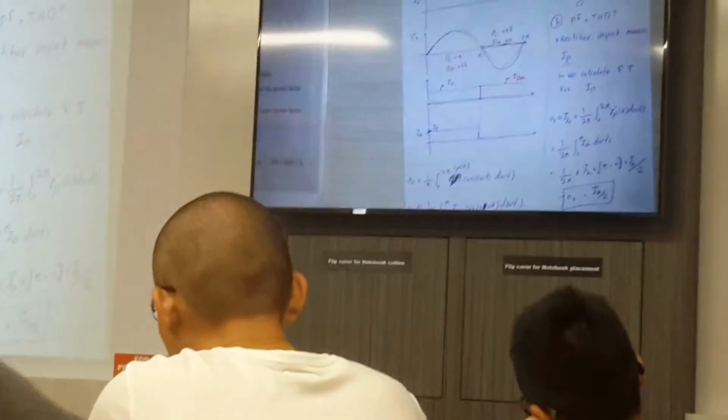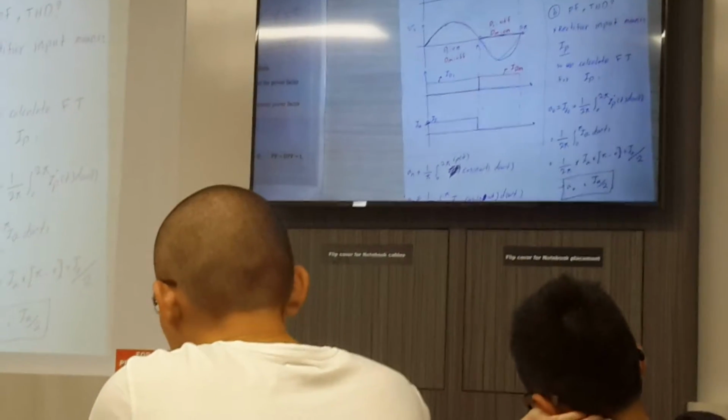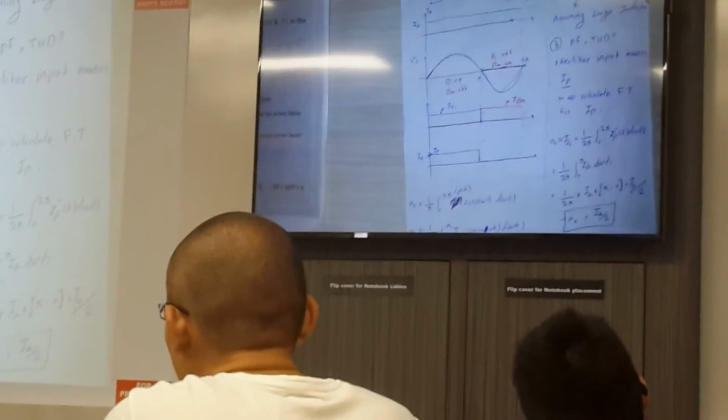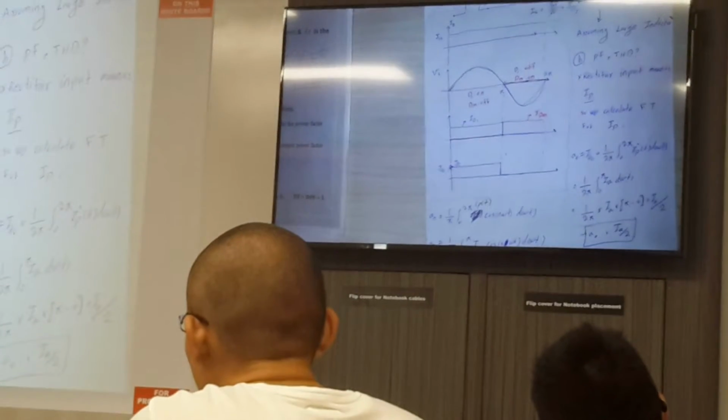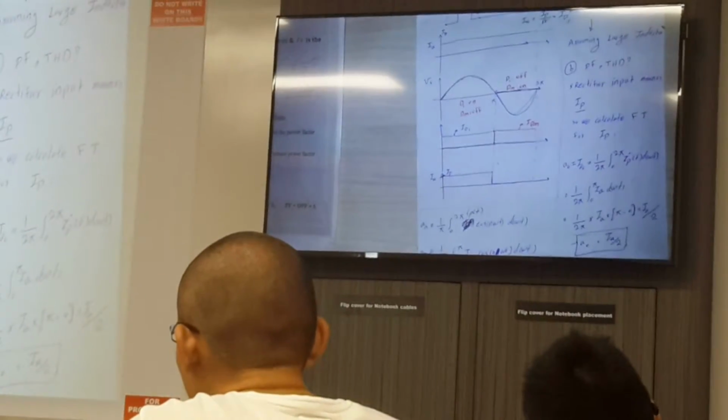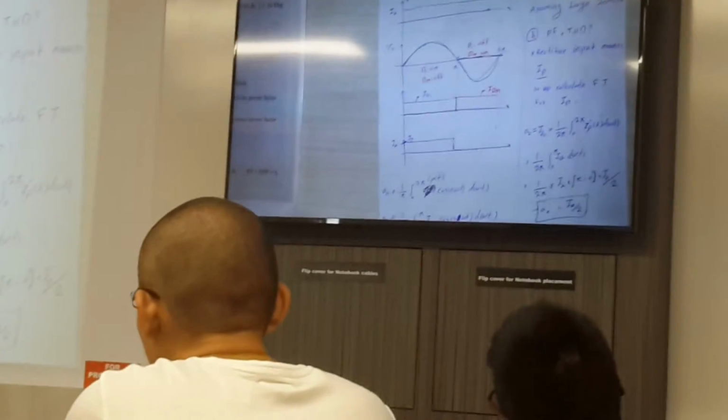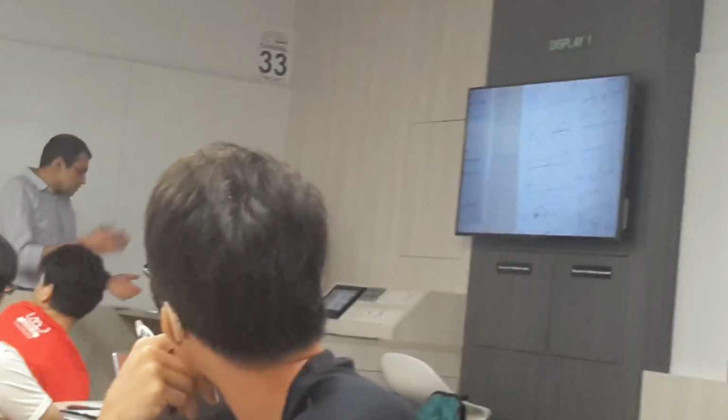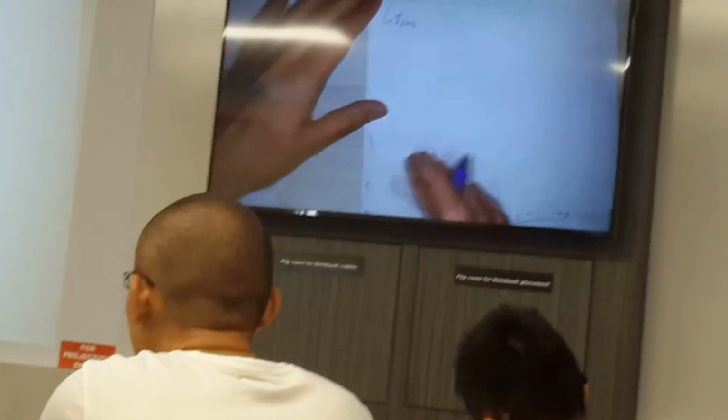It's a square wave. We want to see how good or how pure sinusoidal our input current is. So for this, we define the parameter as total harmonic distortion.